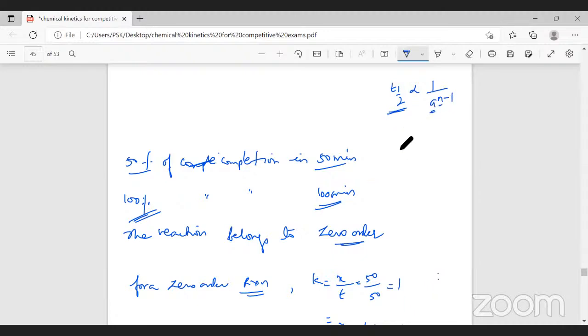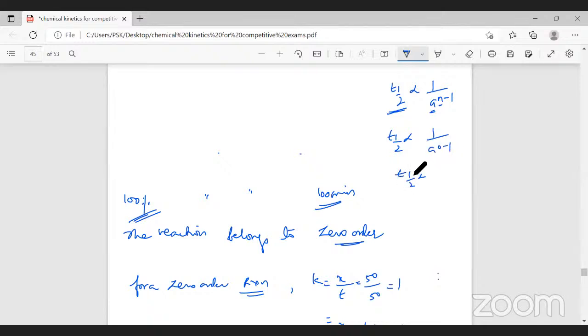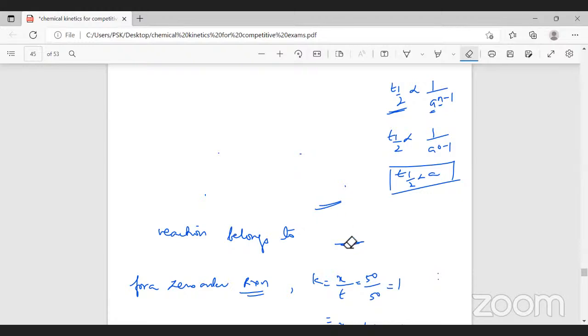So for a zero order reaction, T half is proportional to 1 by A to the power 0 minus 1, so T half will be directly proportional to A. You can see here, 50% completed in 50 minutes, 100% is completed in 100 minutes. Since half-life period is directly proportional to the initial concentration, we call this reaction a zero order reaction. You should know this relation.